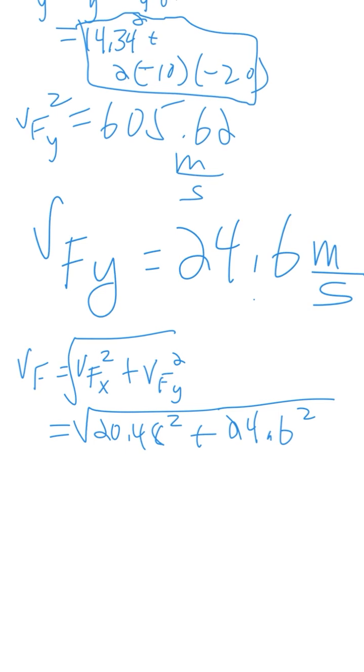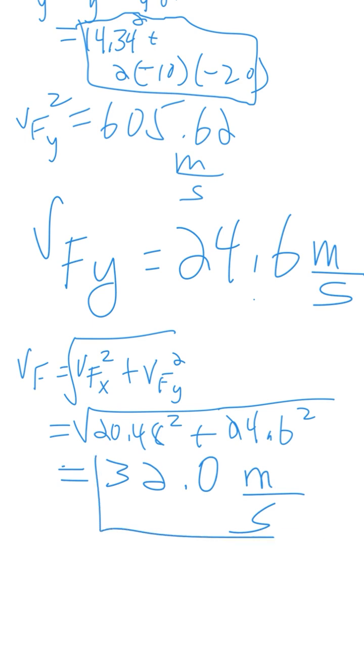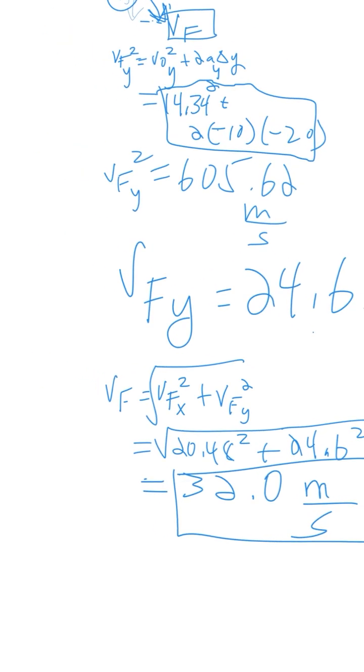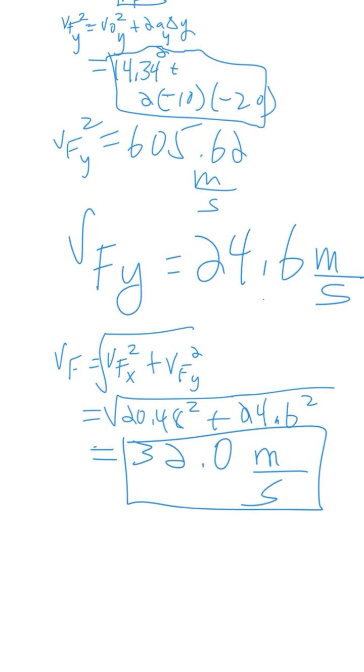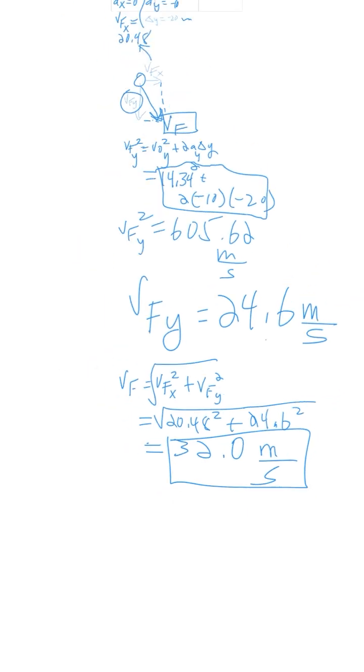So I get 32.02 meters per second for the final velocity. I could find the angle to the horizontal that it digs into the ground using inverse tangent, but it's not necessary.